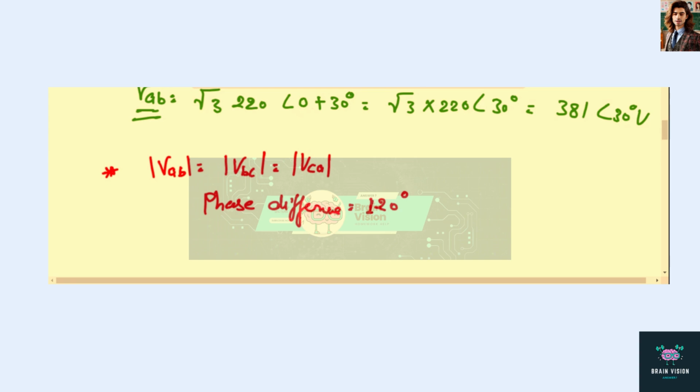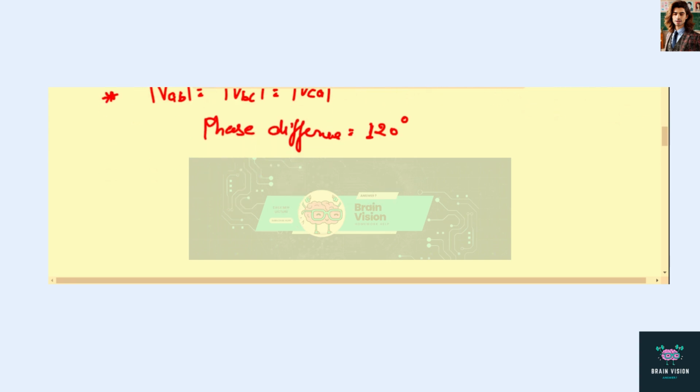So let's apply this point. The magnitude of VBC is the same, 381, and the phase difference is 120 degrees.